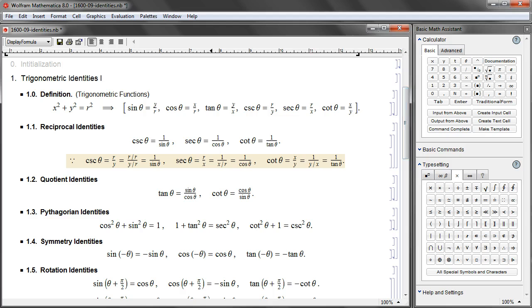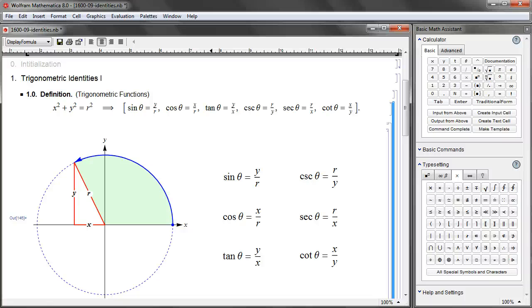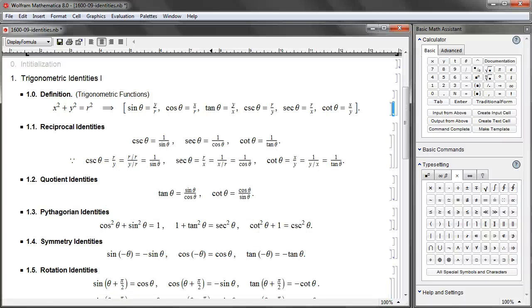How about the second one? Secant is defined by r over x, as we see here in the definition. From there, we simply divide both numerator and denominator by r. In the end, what do we get? r over r is 1. x over r is cosine.